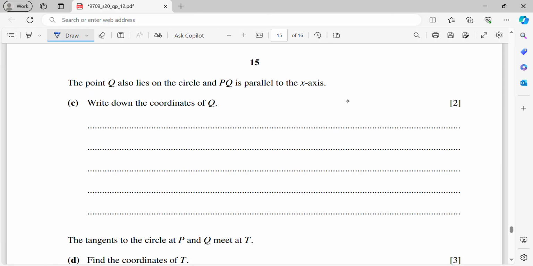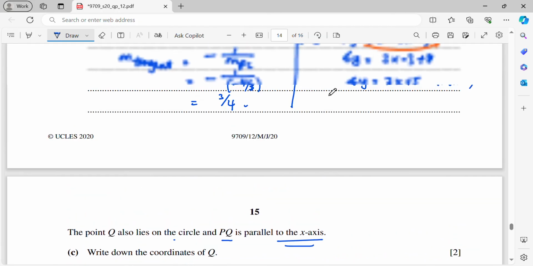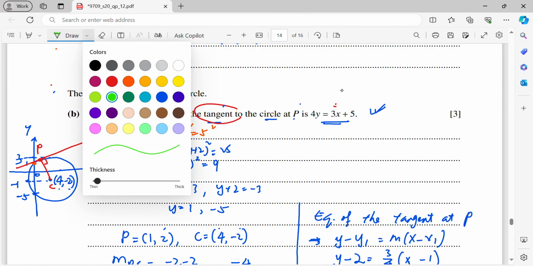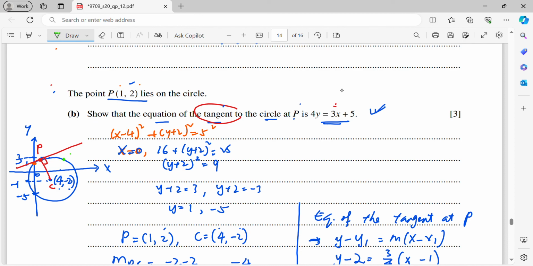Now the point Q also lies on the circle, and PQ is parallel to the x-axis. PQ is parallel to the x-axis means that my Q is on the same level. This is my Q, so it is parallel to the x-axis, which means my y value will be the same. So the y value is 2.